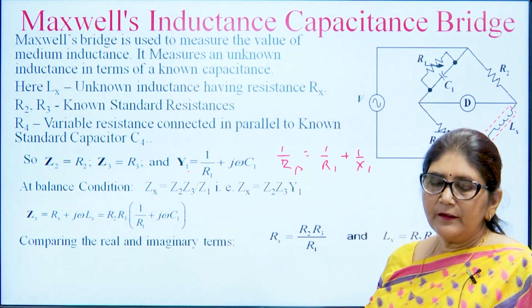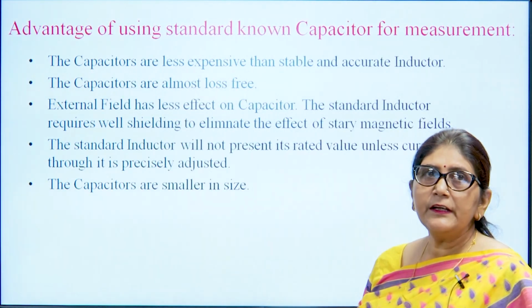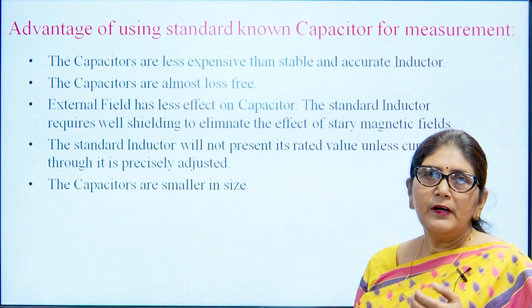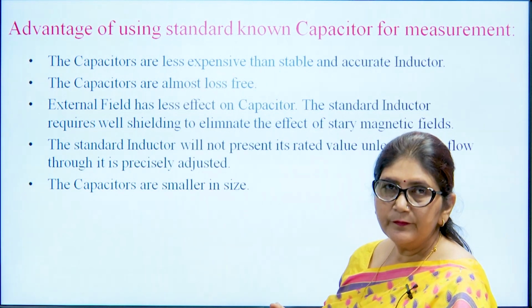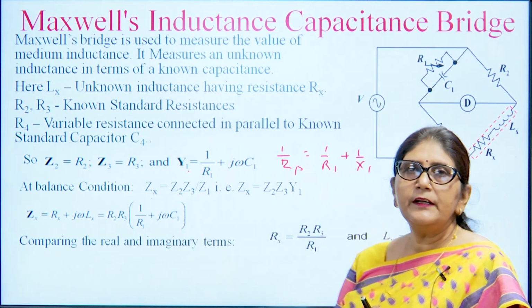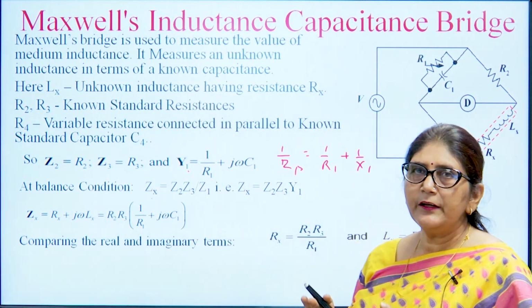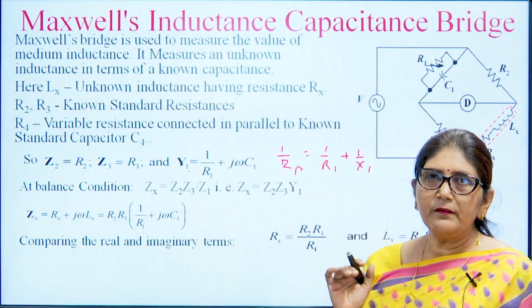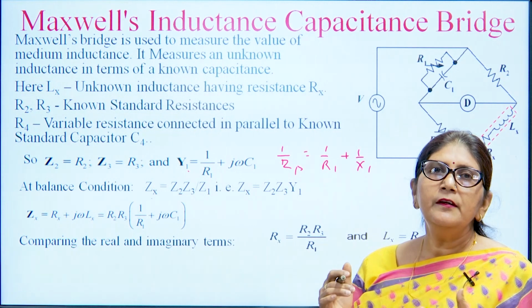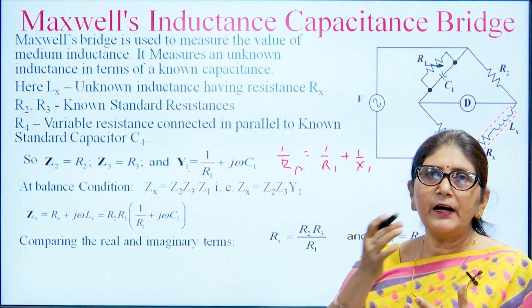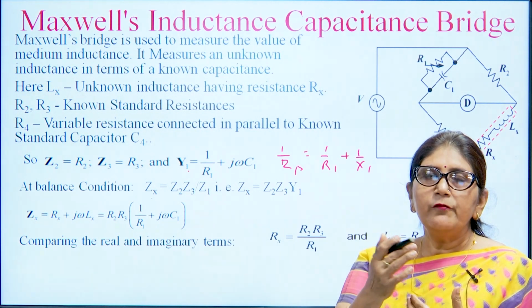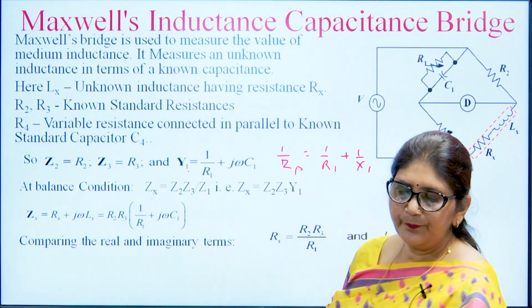Here we can measure directly the value of Rx and R1 if we calibrate the bridge and the detector circuit in such a way. So, we can find out the value of Rx by varying R3 and R2.